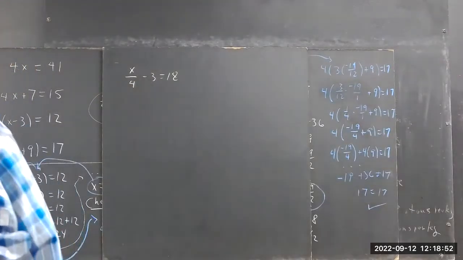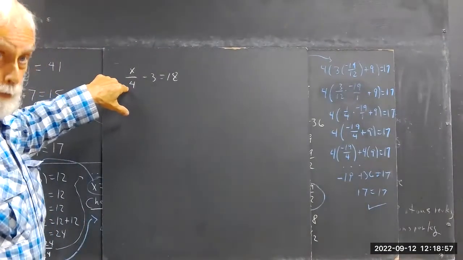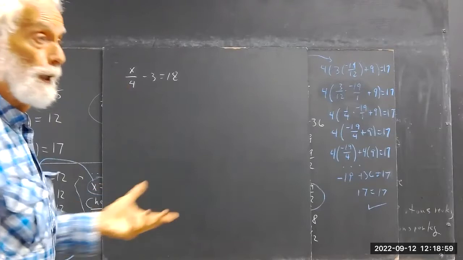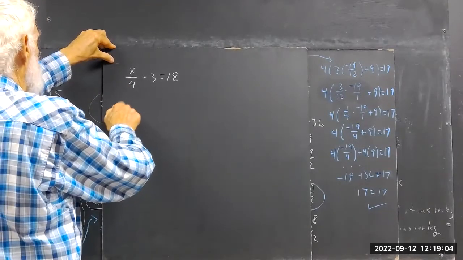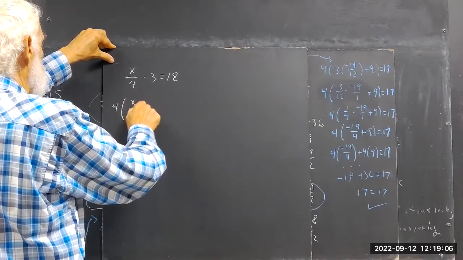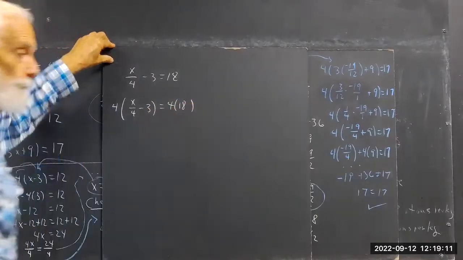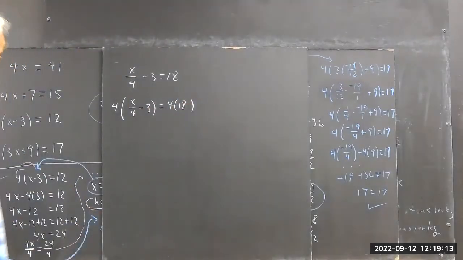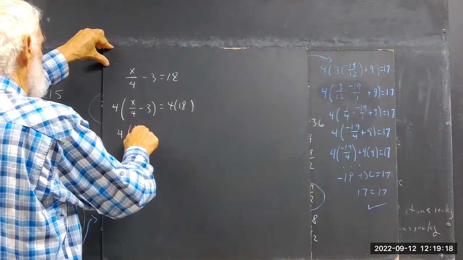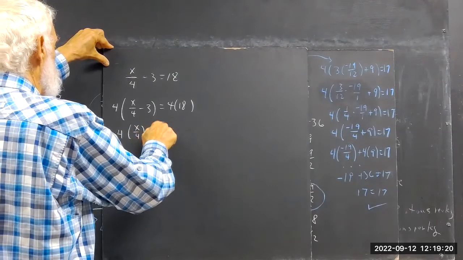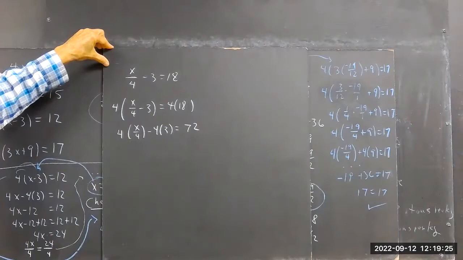The first step, whenever you have a denominator in a fraction, is you multiply both sides by the denominator. So we do 4 times the quantity x over 4 minus 3 equals 4 times 18. What that does is it gives you 4 times x over 4 minus 4 times 3 equals 72.